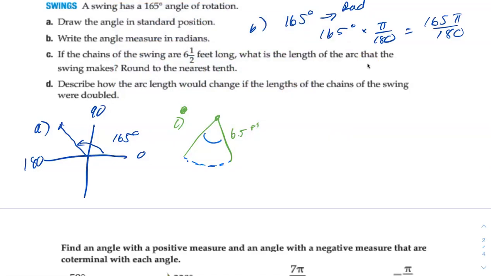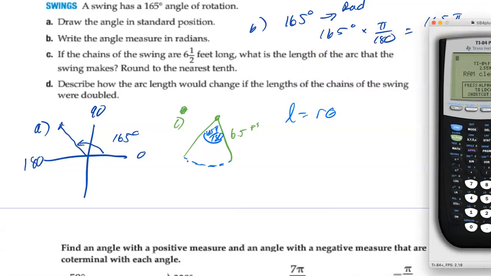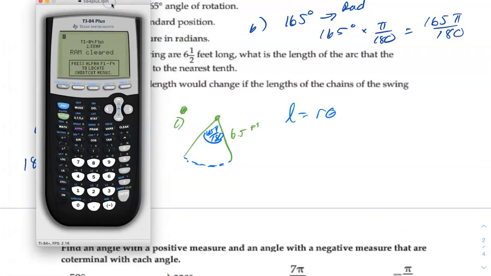Well, we know this is 165 pi over 180. So to find the arc length, it's just the formula, R times theta. I'm going to bring up a calculator and put this in because these are all ugly decimals. R is 6.5.